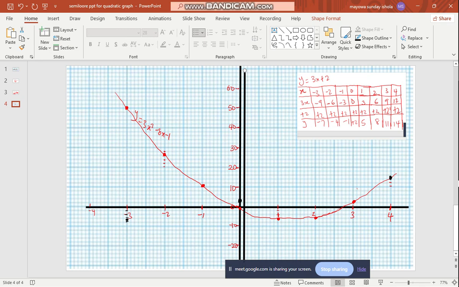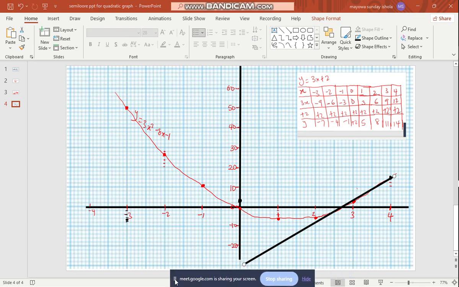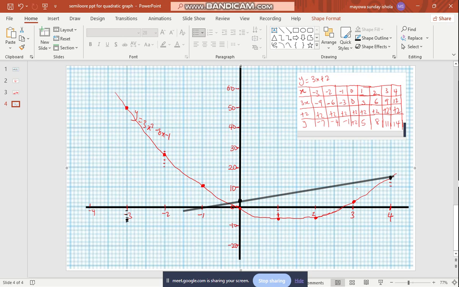Okay. So we can see that the 3 points are on the same line. Yes. Very straight.